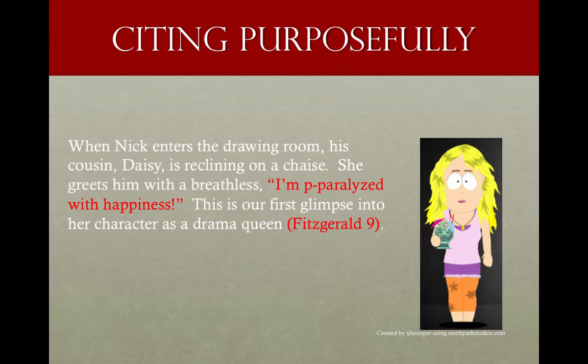The quote has quotation marks at the beginning and the end because I used the exact words of F. Scott Fitzgerald. And then at the end, I have to show where the citation came from. Of course, it was Fitzgerald, and the quote was found on page 9 of the book that I was using.